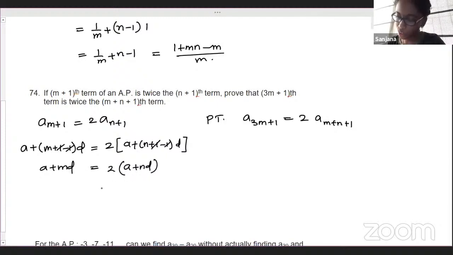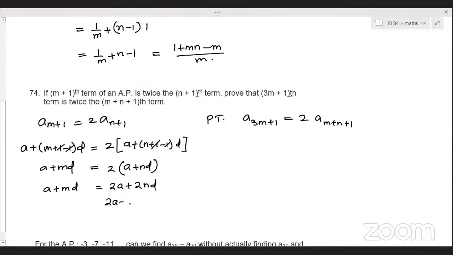Now it's given that a m plus 1 is equal to 2 times a n plus 1. So a plus md is equal to 2a plus 2nd. So md minus 2nd is equal to 2a minus a.